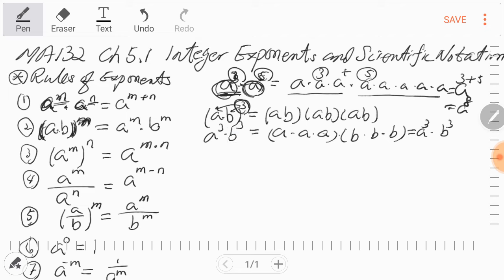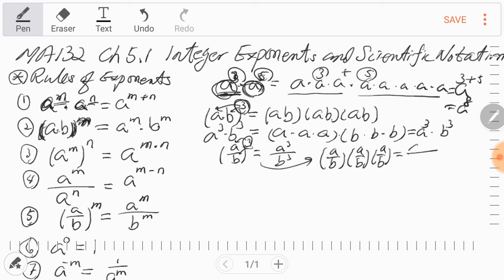Okay, even the quotient is the same. If the base is a division like a over b, and this is raised to the third power, then this will be a cubed over b cubed. So just assign 3 to each numerator and denominator, a cubed over b cubed. For this one, we can multiply a over b 3 times.